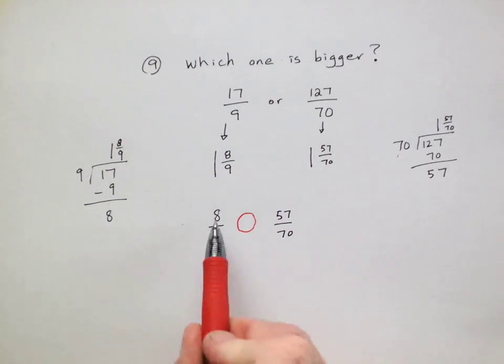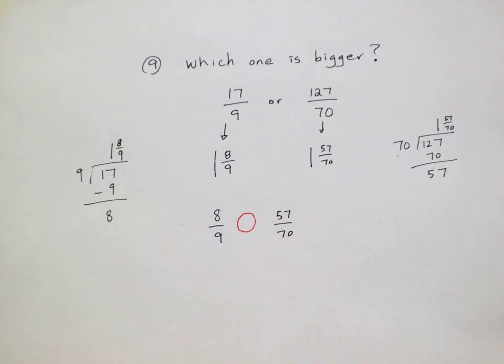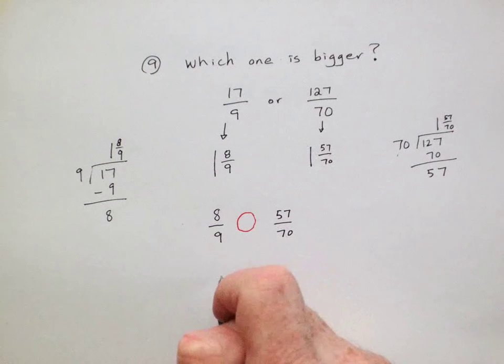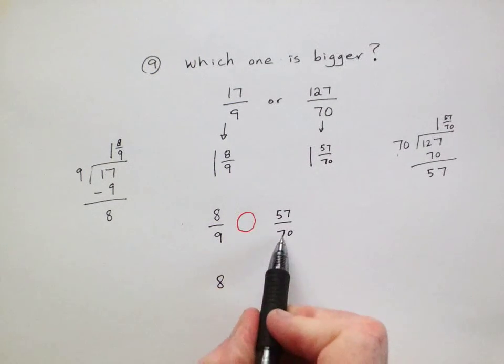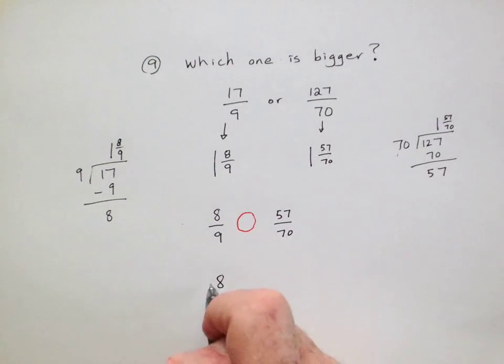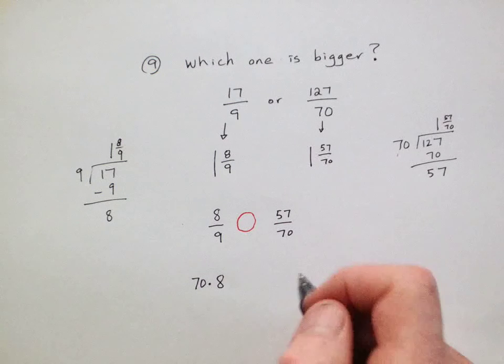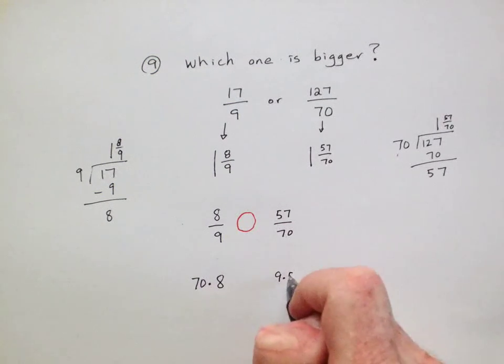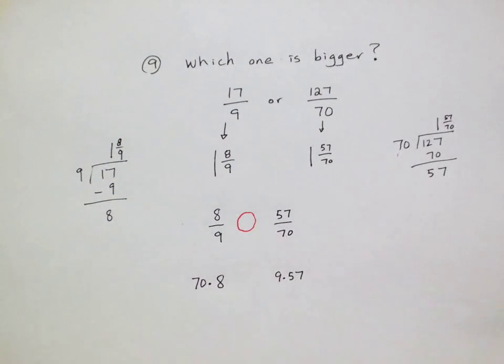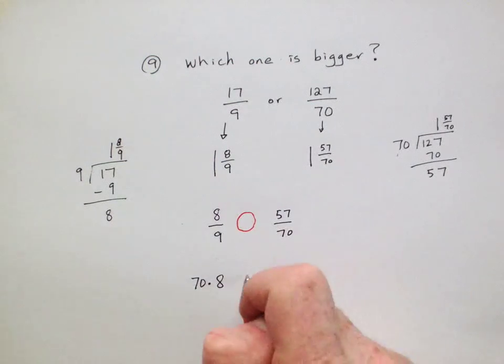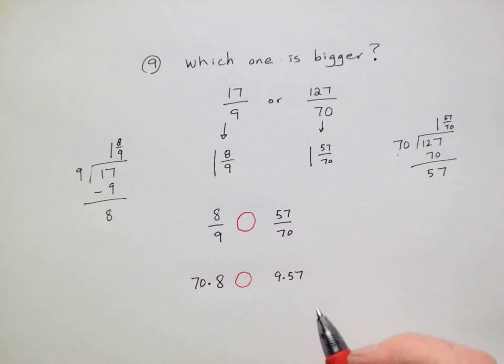The 8 stays there. Cross multiply this direction, so it's going to be times 70. Then take the 9 and multiply it onto this side, 9 times 57. And the open circle would still go right here.